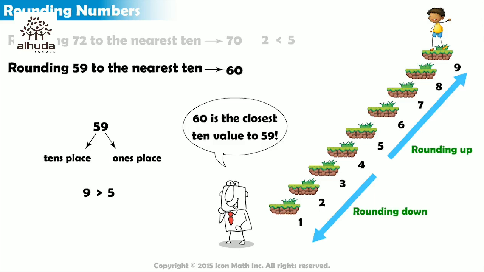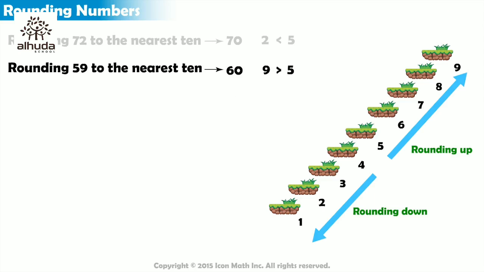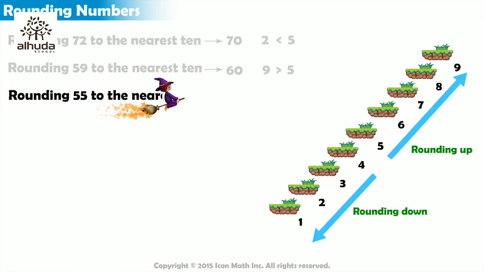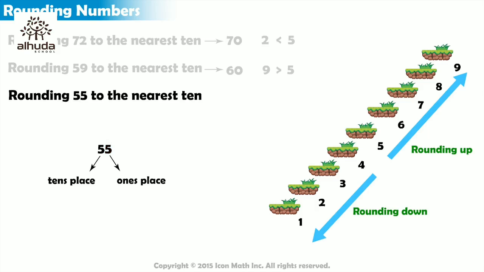So we round up to 60. Let's round now 55 to the nearest 10. We have 5 in the tens place and 5 in the ones place. Since 5 is equal to 5, we round up to get 60.